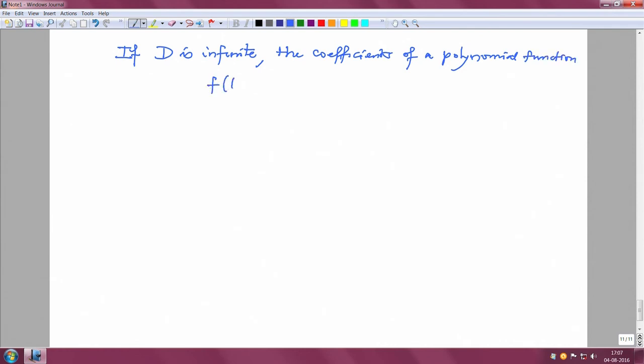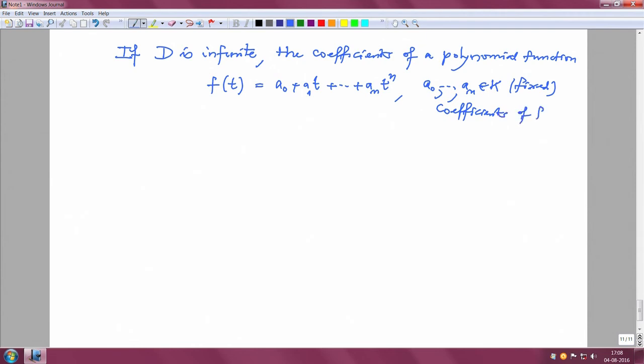Remember I have written a polynomial function as f of t equal to a0 plus a1 t plus up to a_n t power n, where these coefficients a0 to an are fixed elements in K, and this is valid for all t in D. The coefficients a0 to an are uniquely determined if D is infinite.